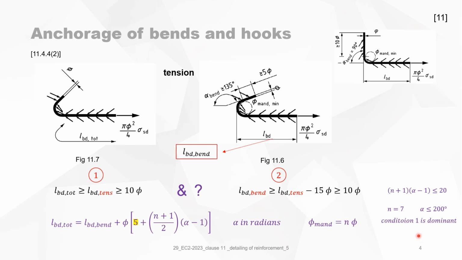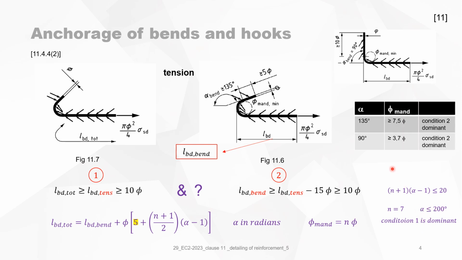Let's put this very clear. Alpha smaller than 200 degrees. For most cases it's ridiculous, because alpha cannot be bigger than 180 degrees. Only for stirrups, when you go really 270 degrees or something like that, but that's an exception. So this means always.